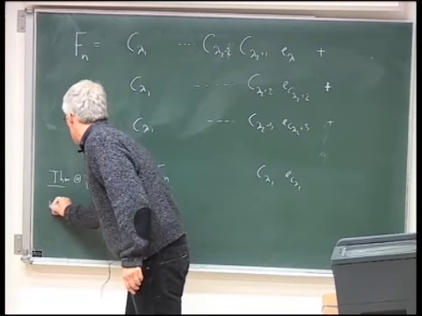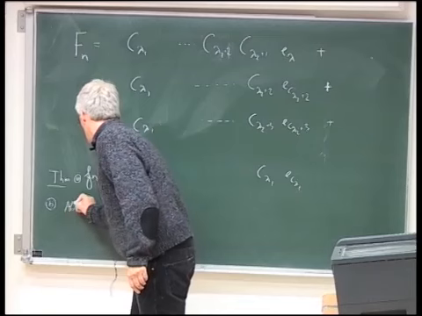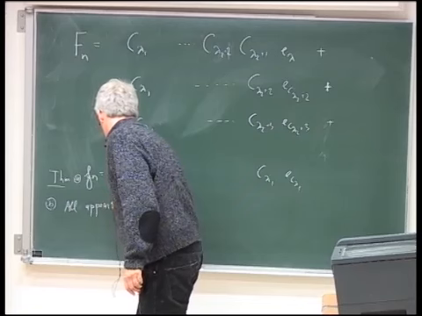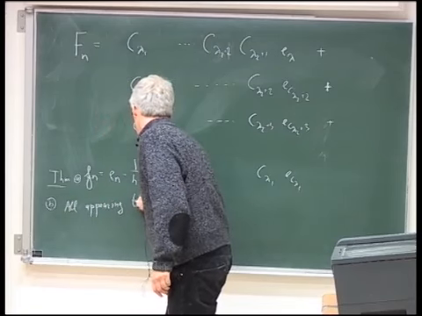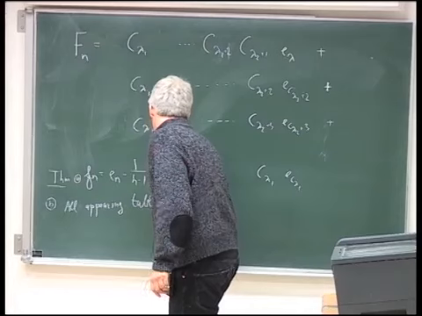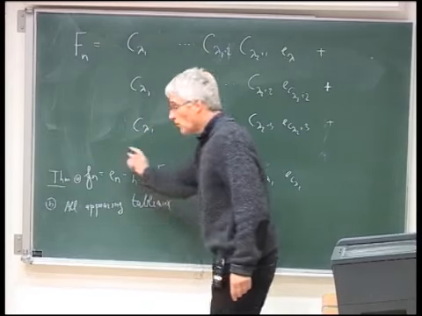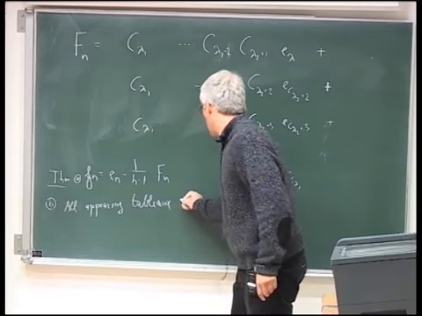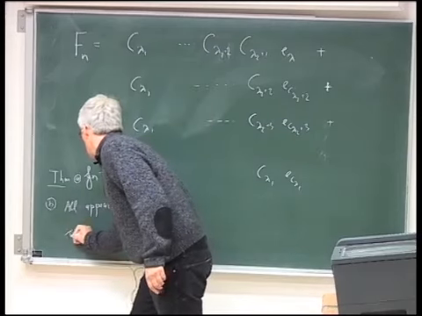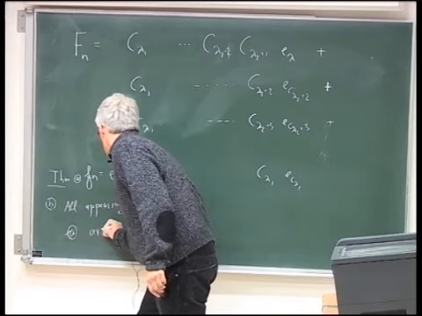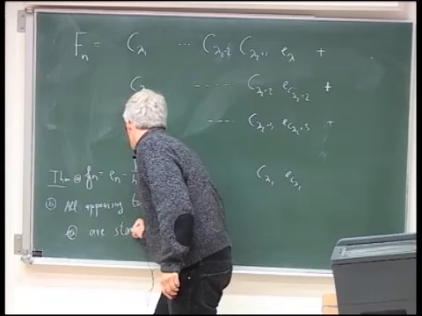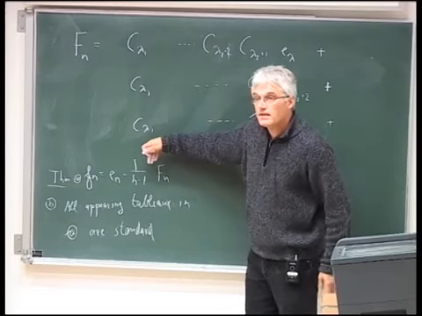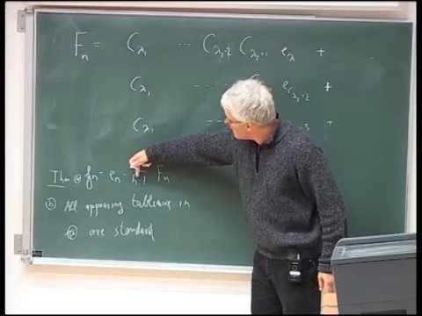And the second part is that all appearing tableaux, say, ETs appearing in A are standard. So the only denominator I have here is this one, 8 minus 1.